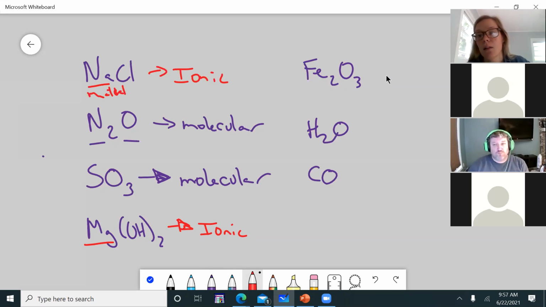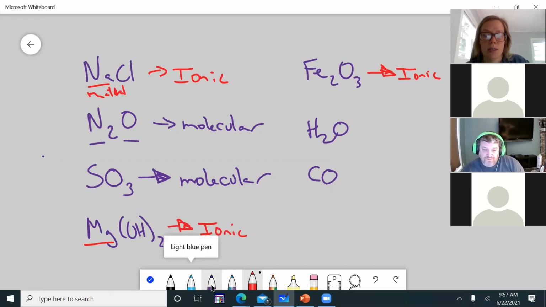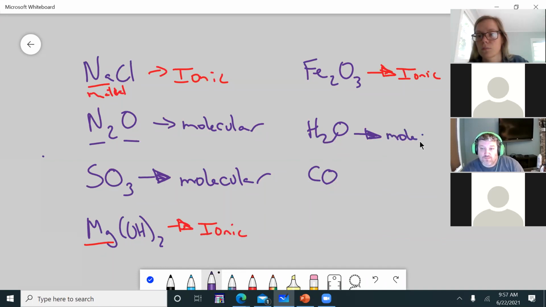It's a transition metal that has an unpredictable charge, but it's still a metal. So we're going to go with ionic. This next one here, H2O, water, non-metal and non-metal, molecular. CO, carbon monoxide, both non-metals, molecular.